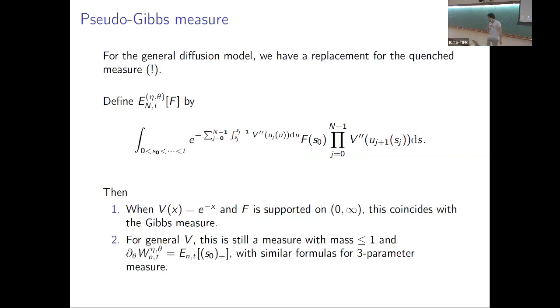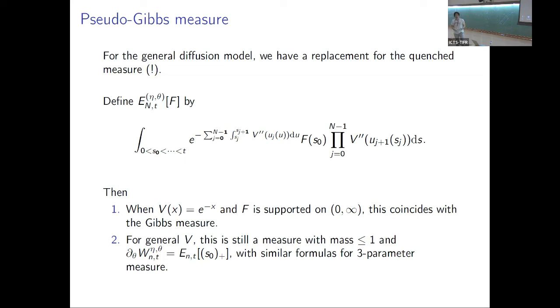Okay, and now one additional idea to generalize things to the diffusion case is that so far I kept telling you we don't have a Gibbs measure. We don't know what the Gibbs measure means because we didn't start with log of a partition function. But it turns out that this expression here can act as a Gibbs measure.